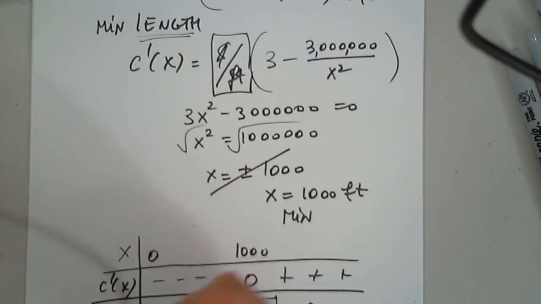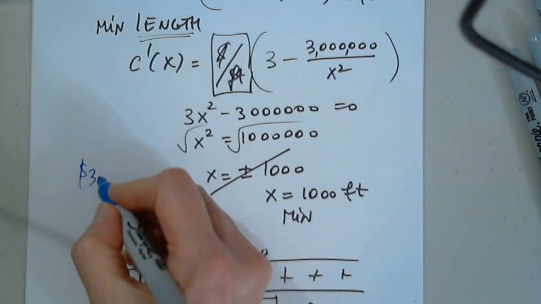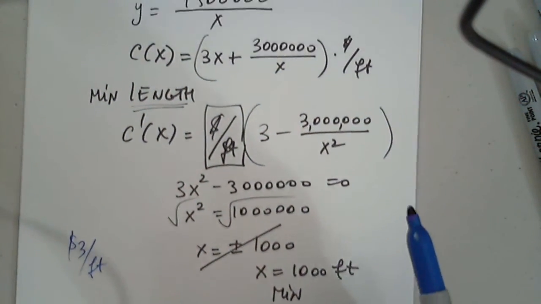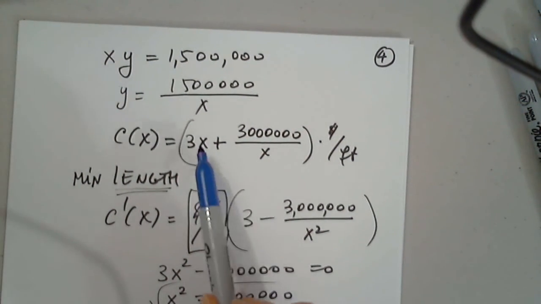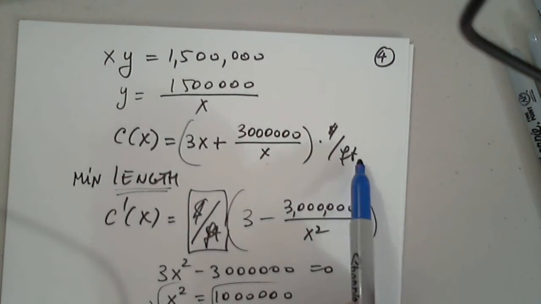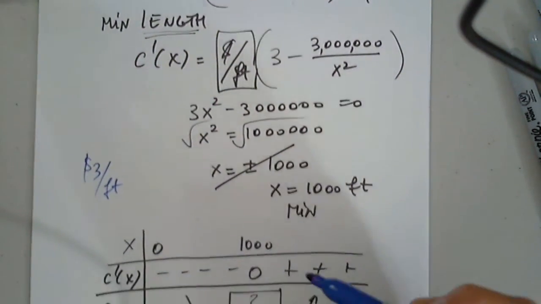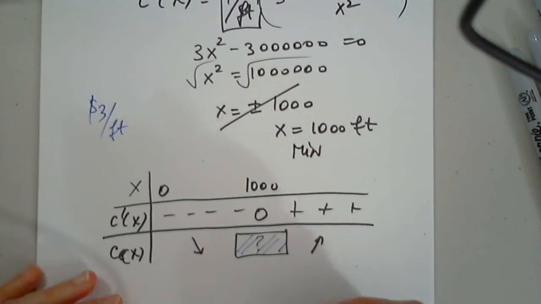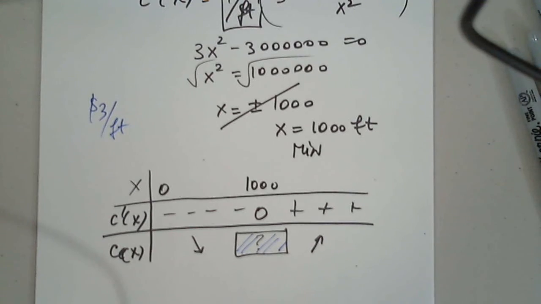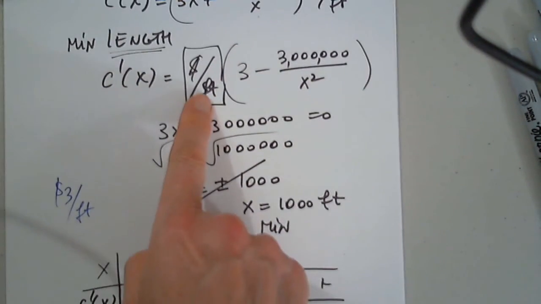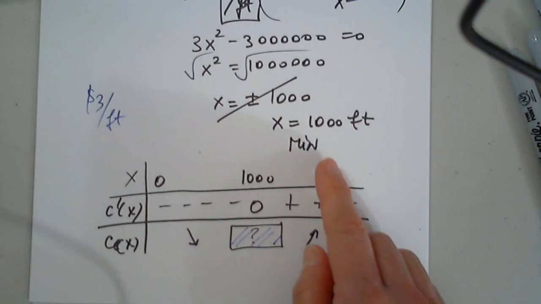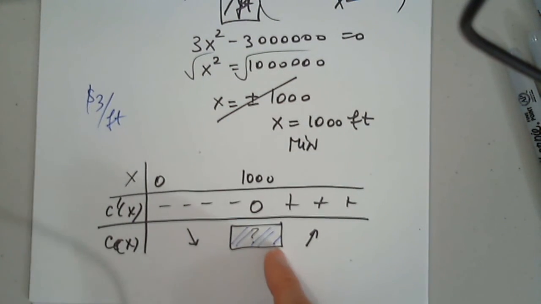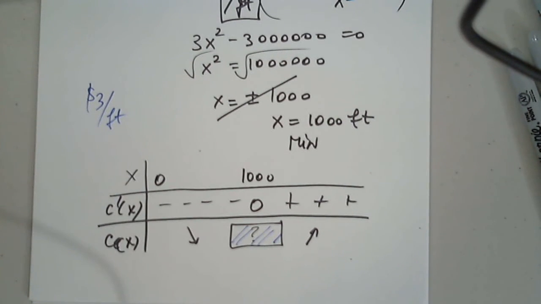If you say it's $3 per foot, then I will multiply 1,000 by $3 a foot, and I have this number. Otherwise, they cannot ask me to find the minimum cost. If they don't give this, they can only ask to find the dimensions that give the minimum cost, but they cannot ask me to find the minimum cost.